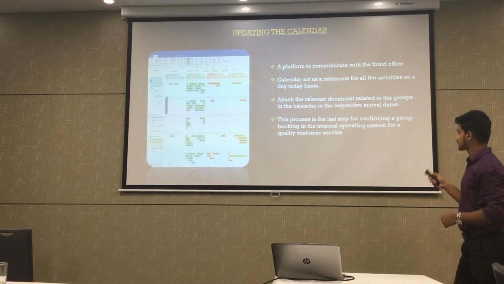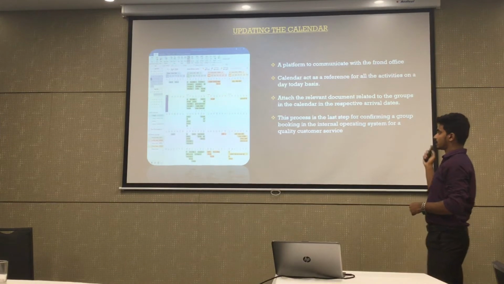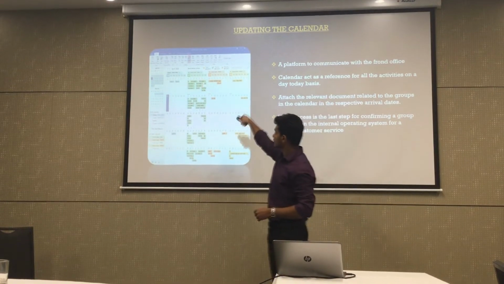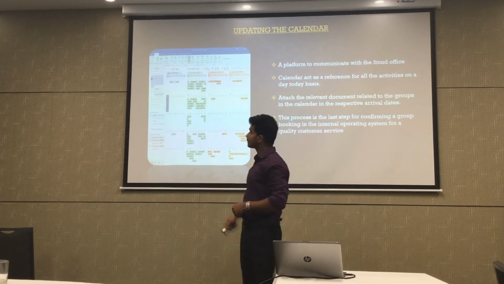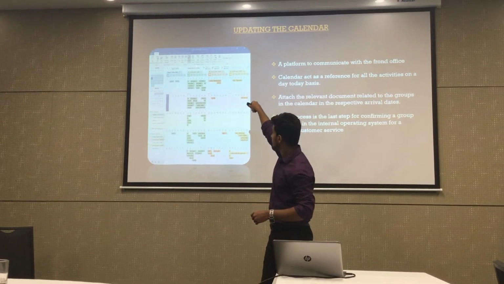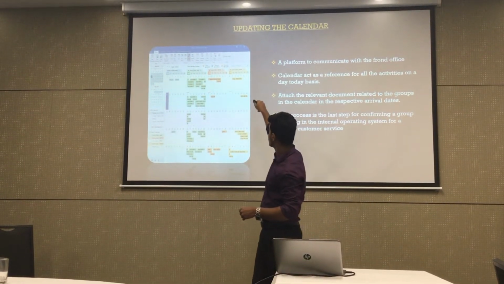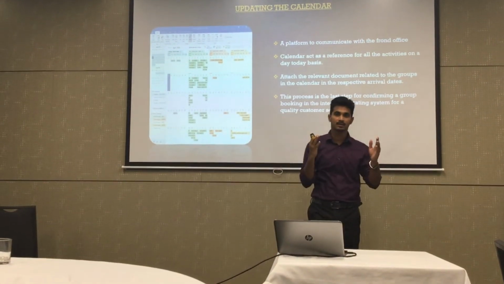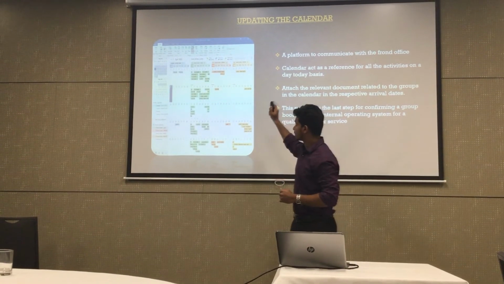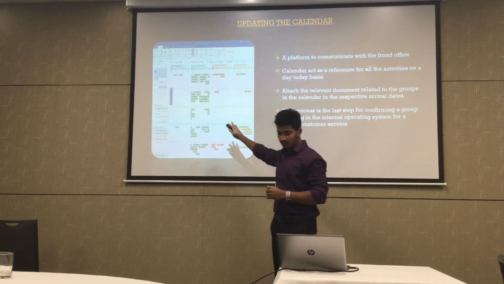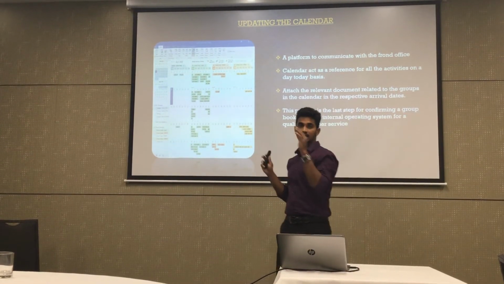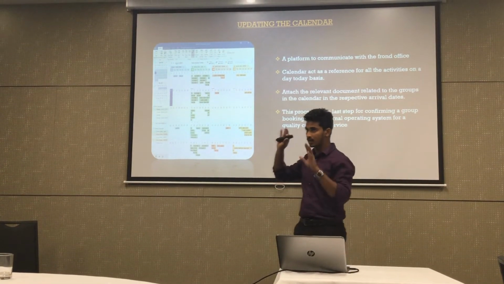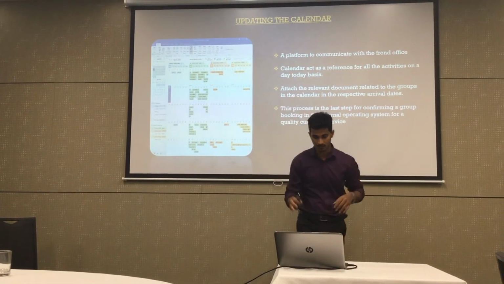This process is the last step for confirmation of a group booking in the internal operation system for a quality customer service. Basically, these colors show the different properties. That's a Double Suite by Hilton Darwin, or a different color, Hilton Darwin Esplanade. That's how we separate the hotels, and we will add the groups in the calendar according to the arrival dates. So that's how we communicate with the front office, saying the number of groups or details of the groups.